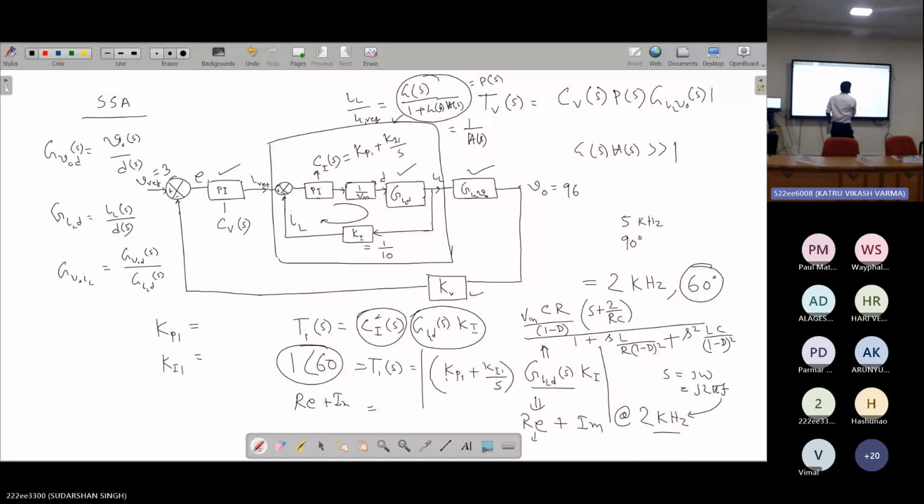So this is your outer loop again. Now this P(S), as I said, for all practical purposes you can actually replace with 1 by Ki.